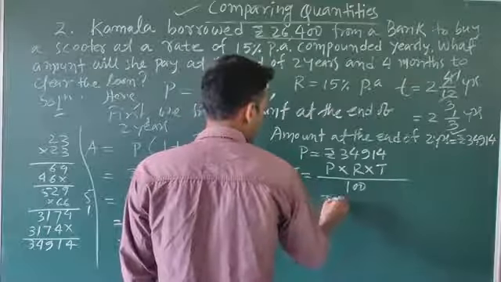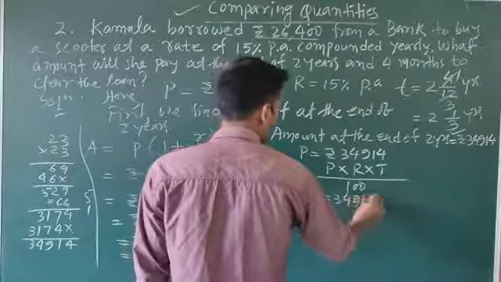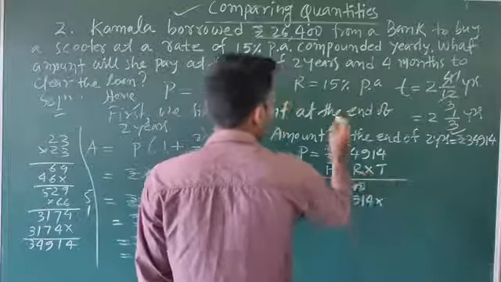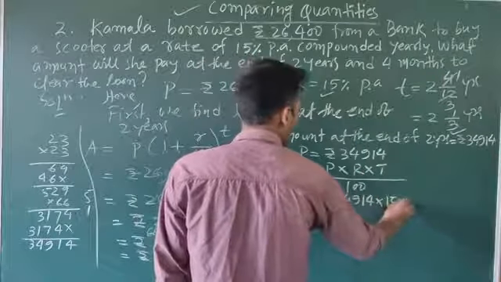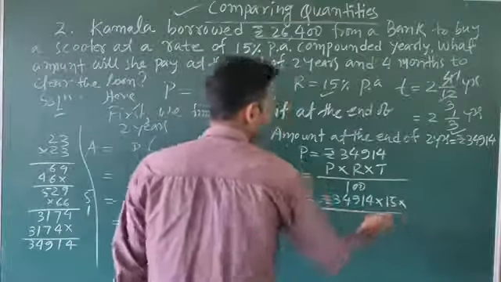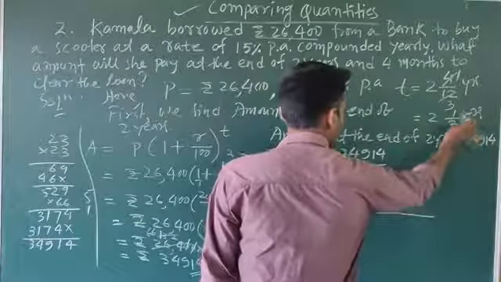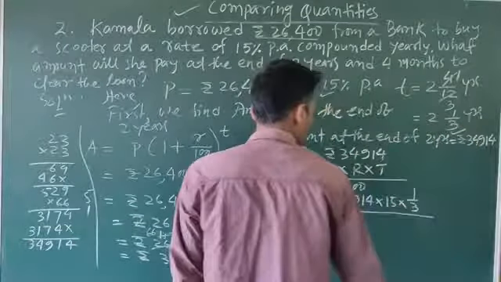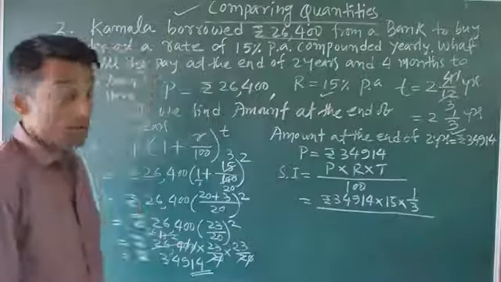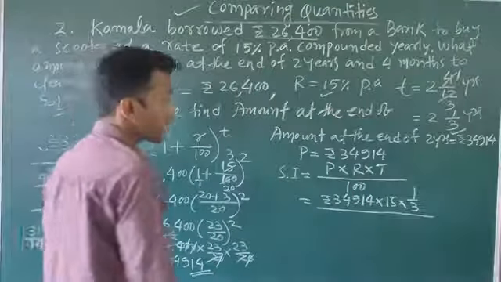Principal is 34,914, rate is 15%, time is 1 by 3 years.